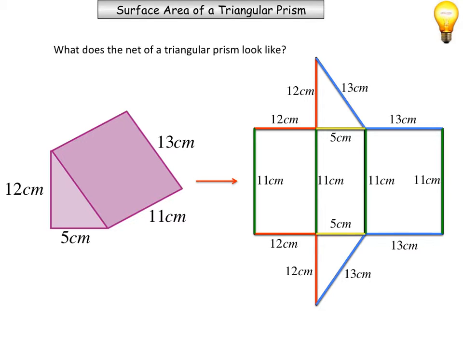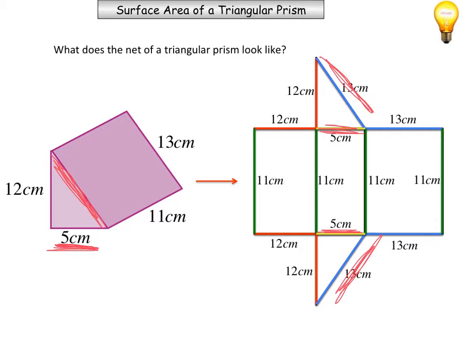Alright, here are the specific measurements. So the base here of 5 is the base there, 5, which means that that's 5. This hypotenuse is going to be that hypotenuse, which is the same as that hypotenuse.